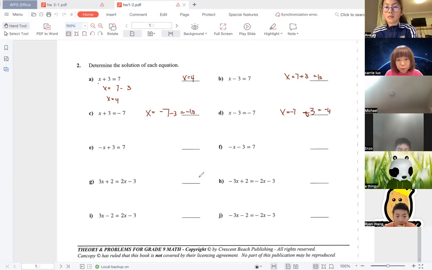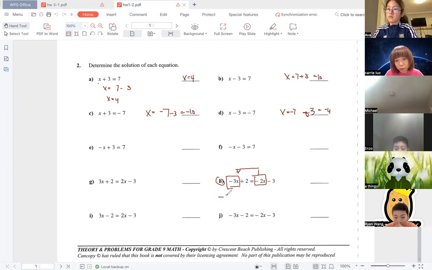The next one, x equals -7 plus 3 equals negative. Okay, so I'm going to focus on number H, just to give you some hints. First of all, it's not 3x, it's -3x, and it's -2x, right? Like I said so many times, the sign always goes with the number after it. Remember, Enzo, Michael? So this -2x, move it there, Ryan, will be positive or negative? Positive.